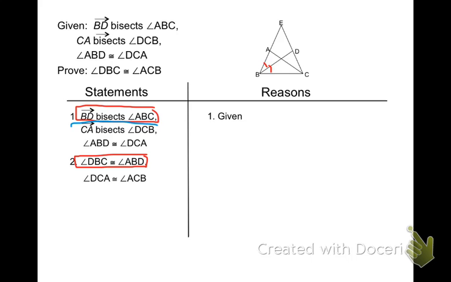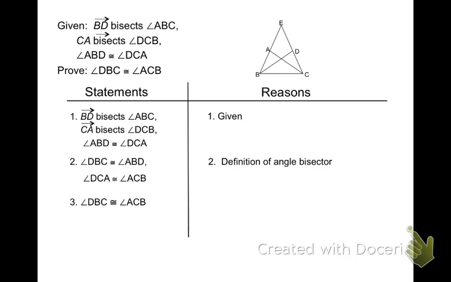Likewise, this ray CA bisecting angle DCB gives us this statement, that DCA, which is this angle here, is congruent to angle ACB, which is this angle here. So we've got these congruent angles based on the definition.